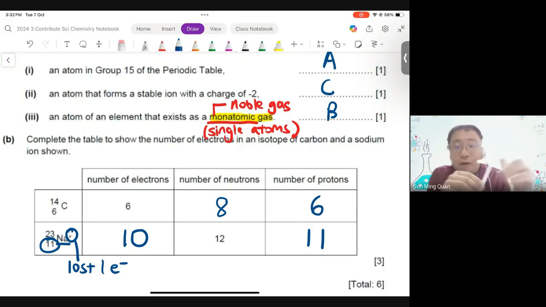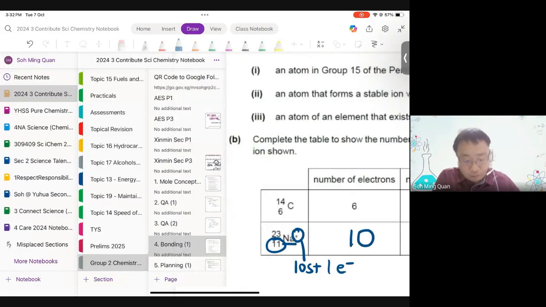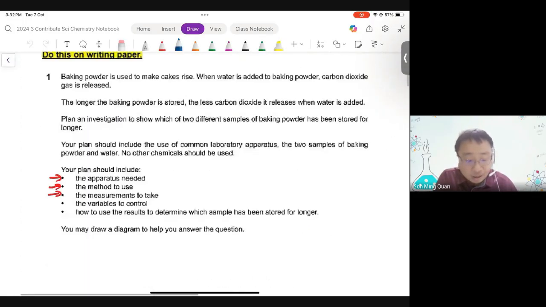Now for those in group 2, tomorrow our lesson is face to face. You need to please come along with the planning done on writing paper. There's a reason why we are doing on writing paper. It is so that you have your answers in hard copy and then you can actually do corrections, add on, and so on.